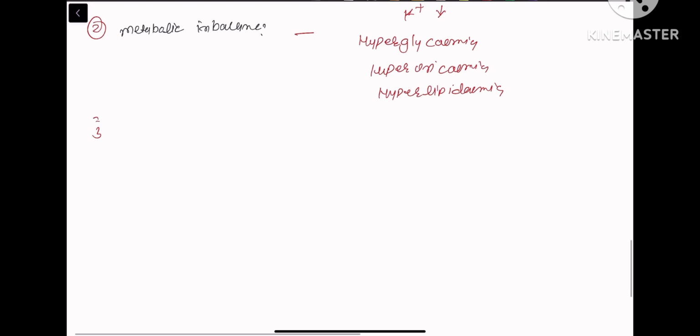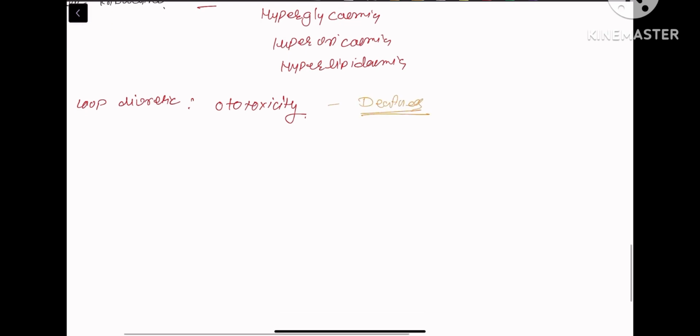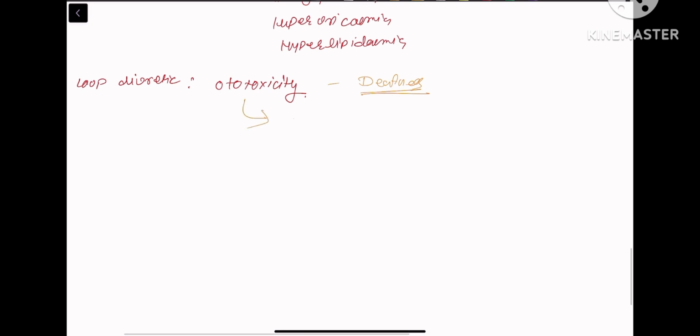Along with this, only with loop diuretics, we can see ototoxicity. What is ototoxicity? It causes deafness. How? In this condition, it increases the salt contained in the endolymph. Okay.